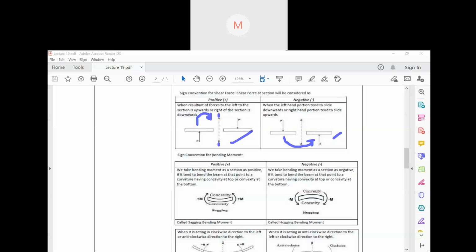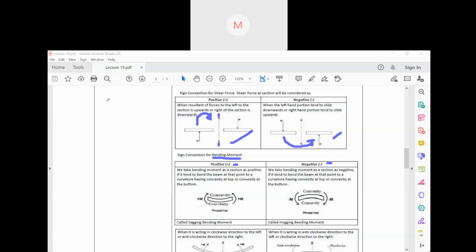Now if you go to the next one, bending moment. What is the bending moment? The sum of the moments acting on either the right or left side of the structure. In case of bending moment, we have positive and negative. Look, in the presentation I showed you like this.